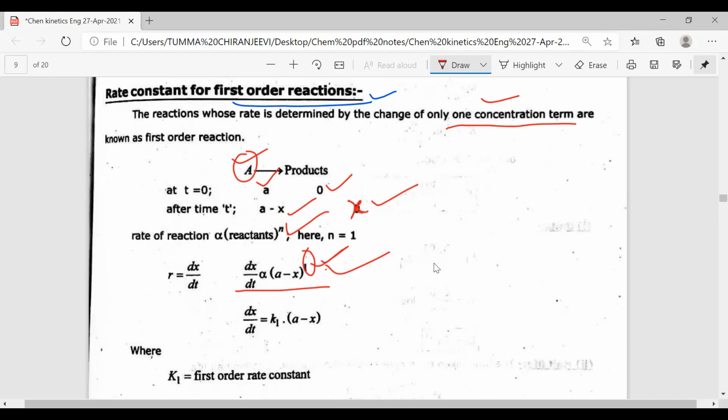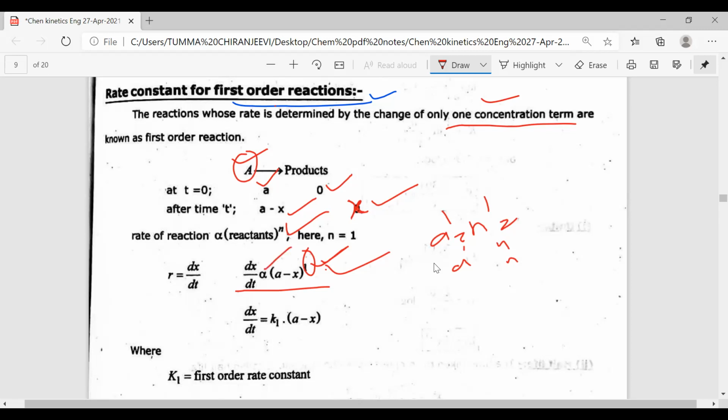Here, a power 1 or n power 1 is equal to a, that is equal to n. Something power 1 means the something present in the base. So here (a minus x) power 1 means a minus x.